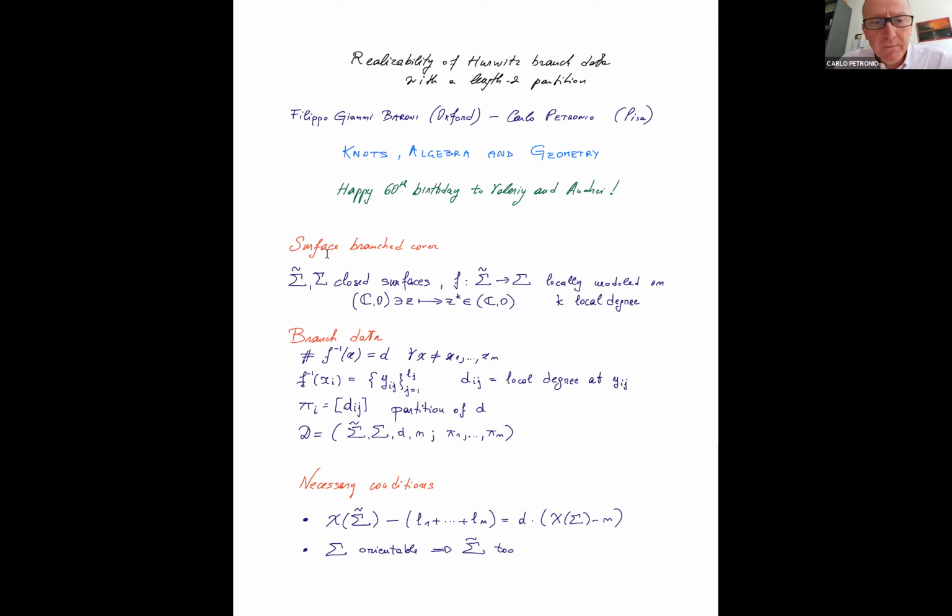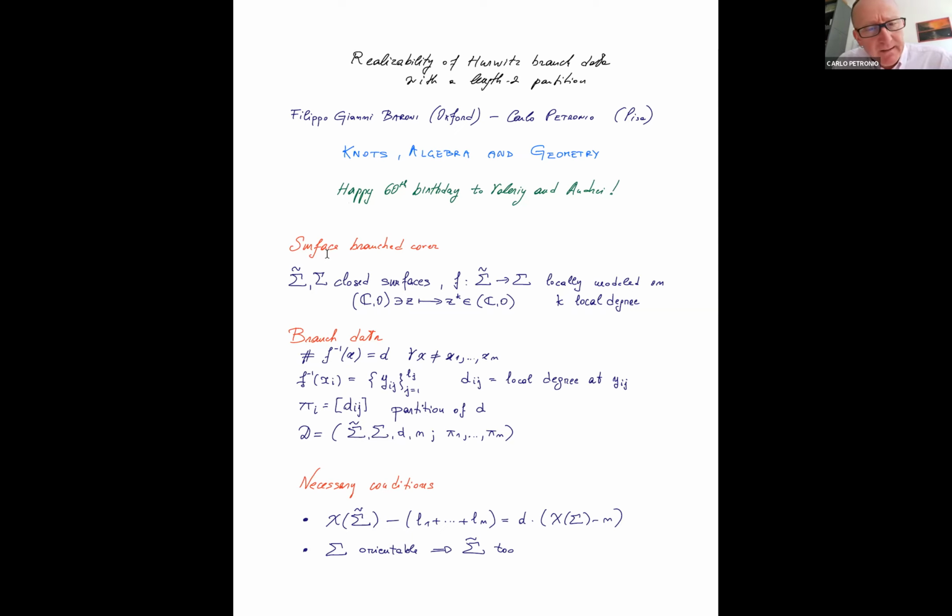So given a branched cover, I consider the associated combinatorial branch data to be the following. The generic degree, so the generic number of preimages of a point, which will be d for all but finitely many, say n of them. So n is another element.